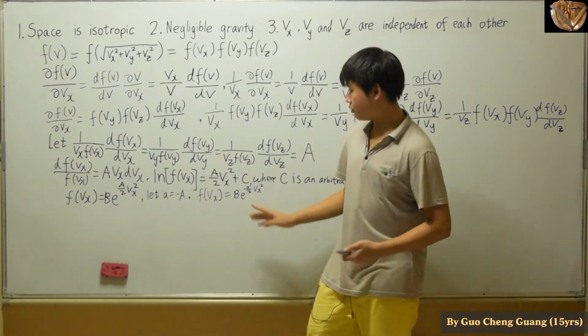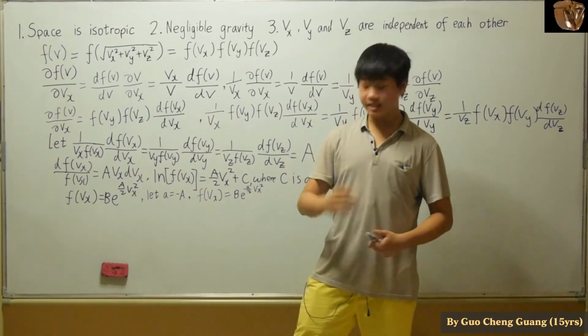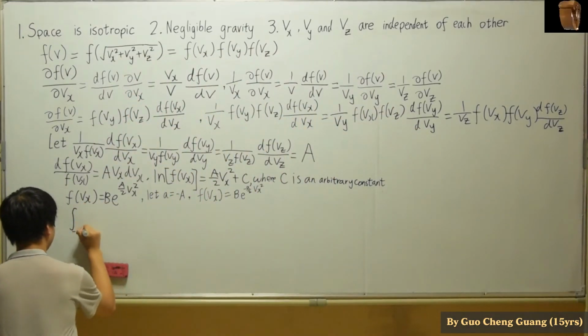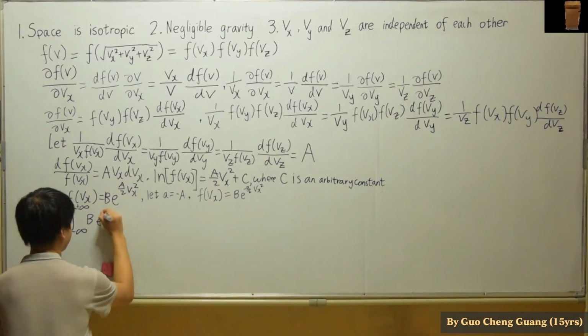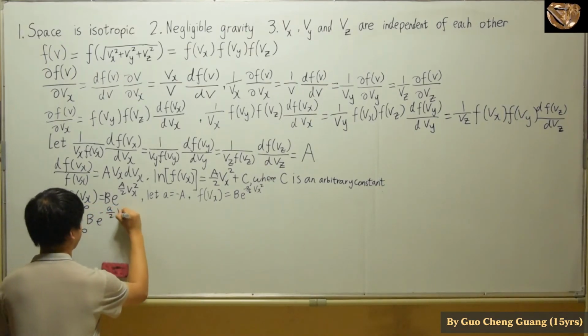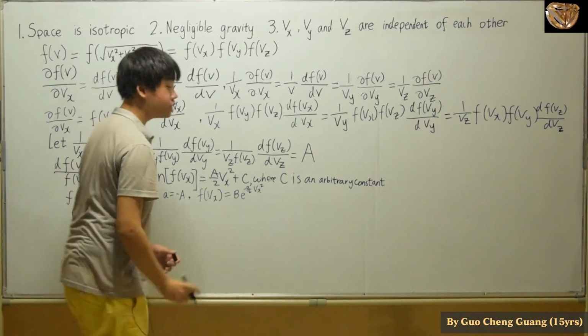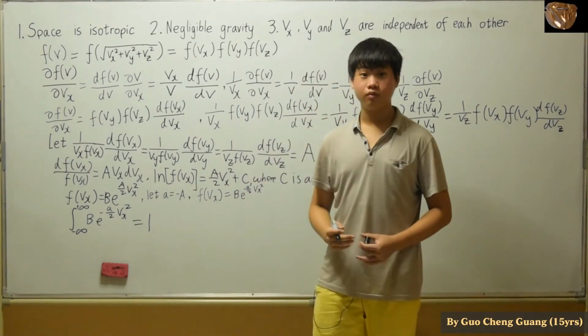So that means if we have this thing added up from negative infinity to infinity, so this part over here, if we have from negative infinity to infinity, that means this is going to be equal to 1. Alright?